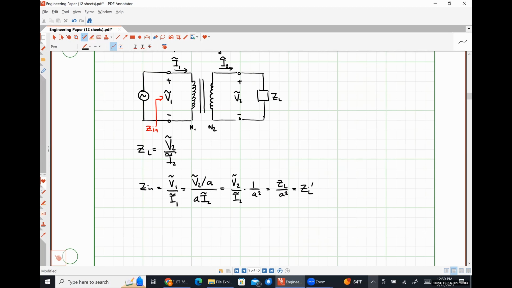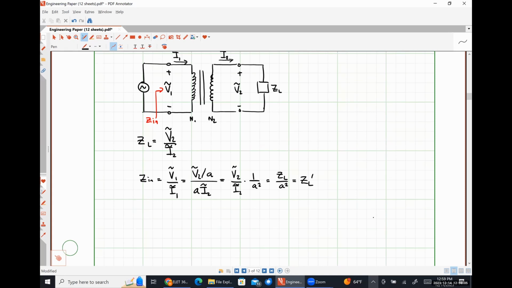So that realistically, we don't actually need to analyze the circuit with a transformer in it at all. If we know what the impedance looks like, we could just move it over to the primary, and then we have our excitation voltage source, this new impedance, that's the reflected version, and then we could do any circuit analysis that we so chose to do.